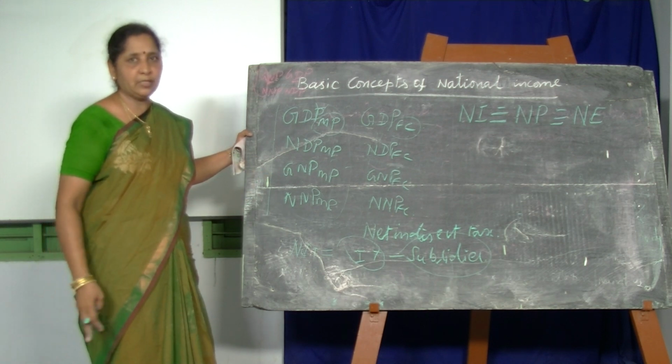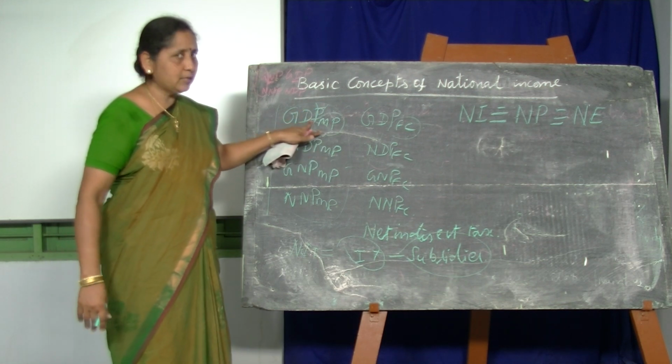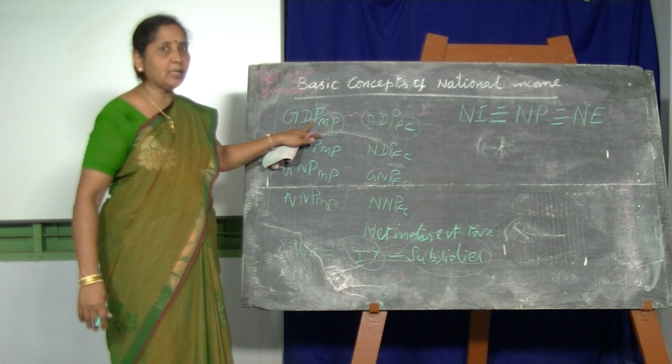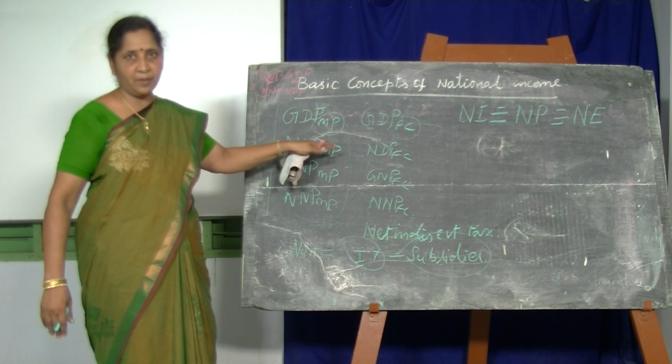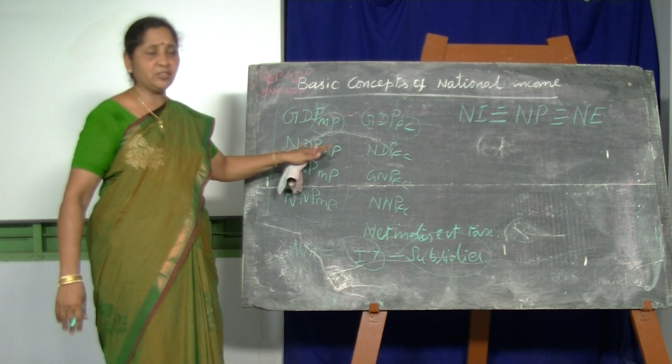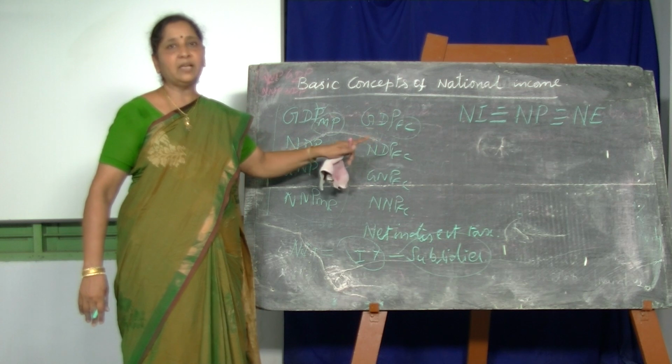That we did in the second part. Okay, is it clear? There is nothing wrong in using it as GNP, because it is the same as gross national income and gross national expenditure.